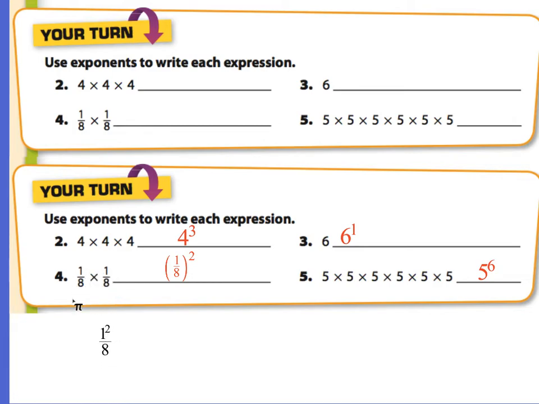Because it's the 1/8 that's being multiplied twice, you have to put the parentheses around the 1/8 so that way everybody knows that it's the 1/8 that's being squared, not just the 1.